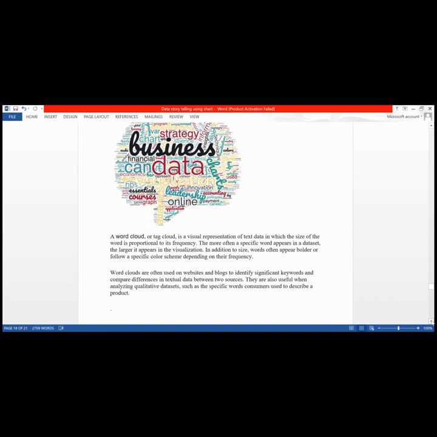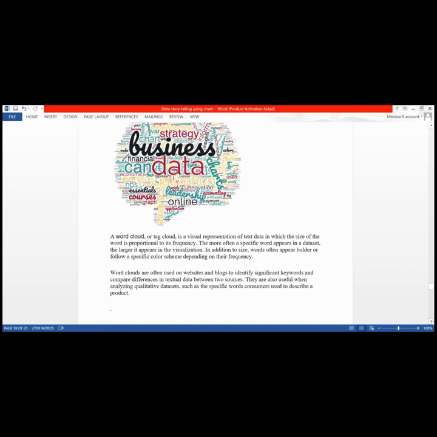You understand? The more often a specific word appears in the data set, the larger it appears in the visualization. If the word is small, it will be small. If it appears more frequently, the word will be large.